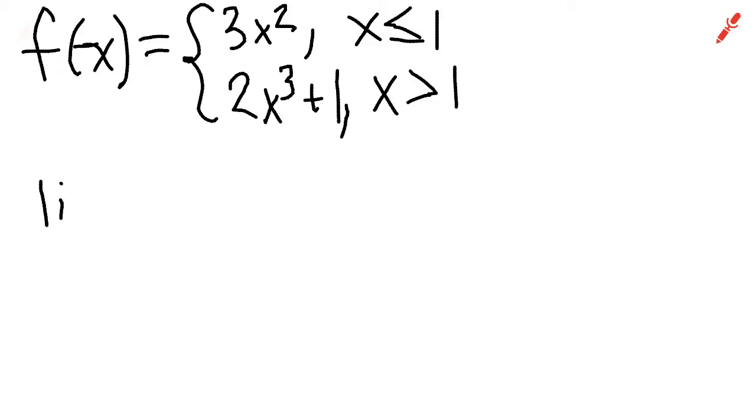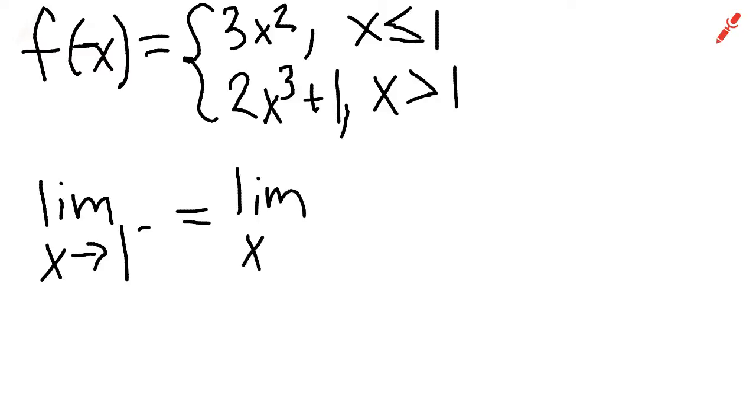The limit of x to 1 through the left side must be equal to the limit of x to 1 through the right side. So let's find the limits individually and then find out if they're equal.